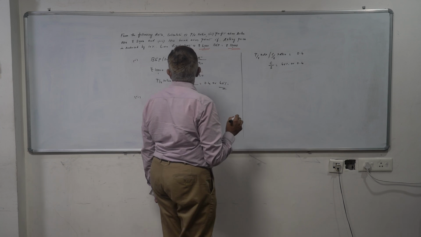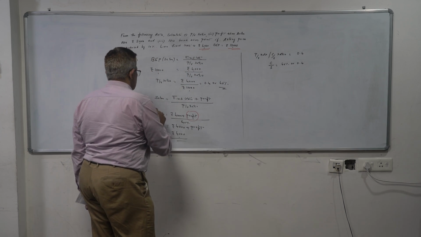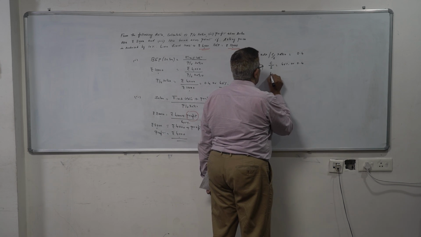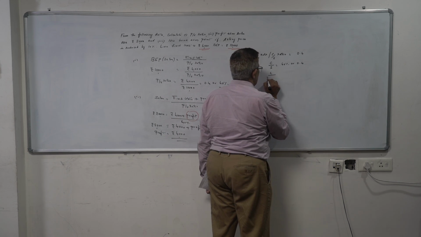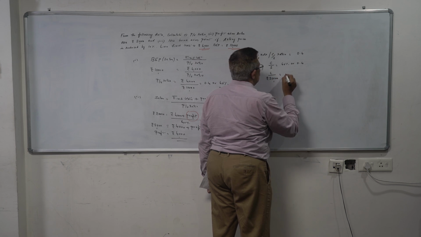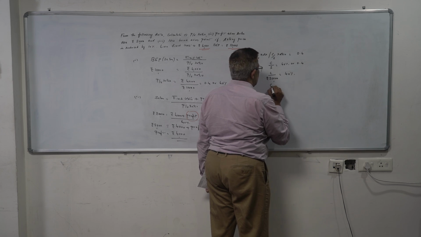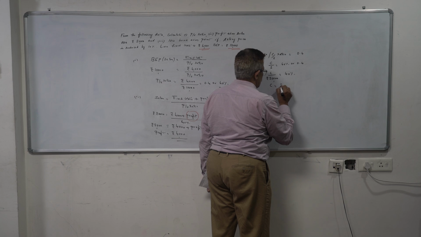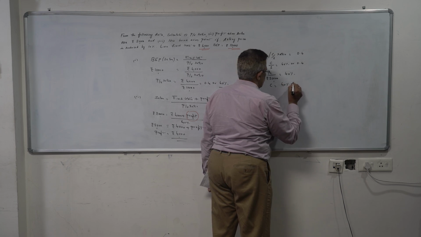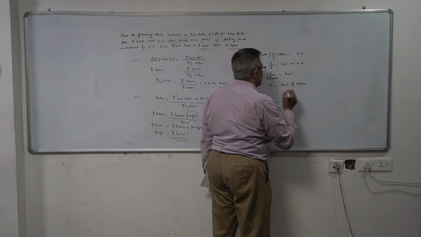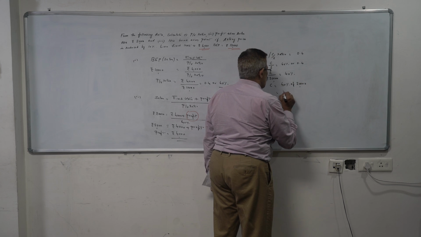Now the actual sales are 20,000. So what will be the contribution? C by rupees 20,000 is equal to 0.4 or 40%. So C is going to be equivalent to 40% of 20,000, which is nothing but rupees 8,000.